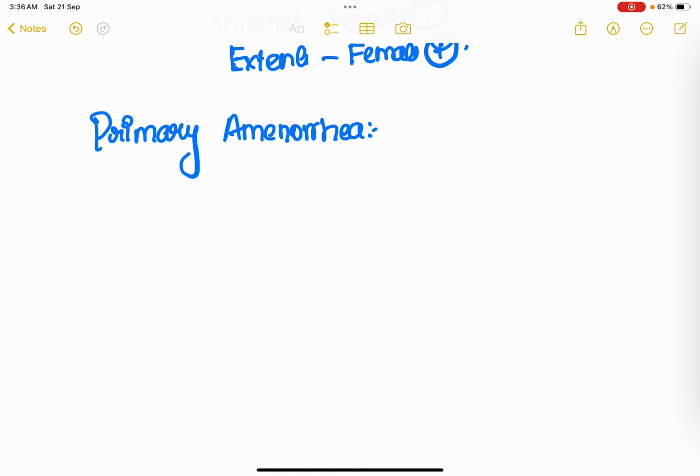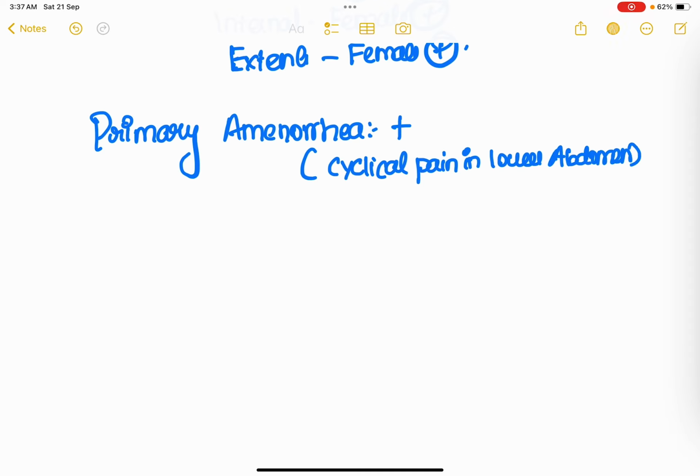So the female will complain of primary amenorrhea. The patient will also add that she has some kind of cyclical pain in the lower abdomen.